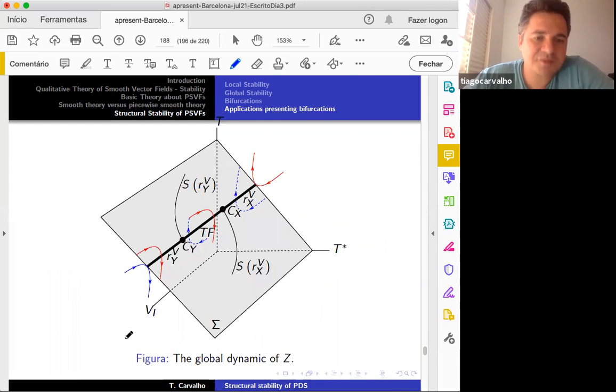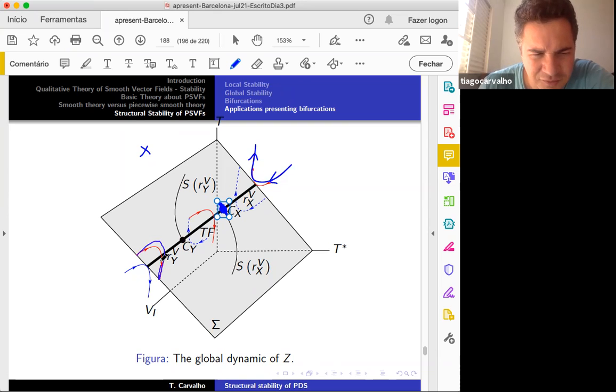And so let me go here to the picture. What's happening? There are also two cusp points for the vector fields. A cusp point for the x vector field, pictured here. Okay, so the x vector field has a visible tangent until this point, and after this point, the vector field has an invisible fold.